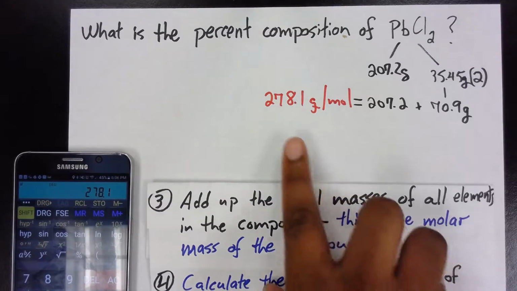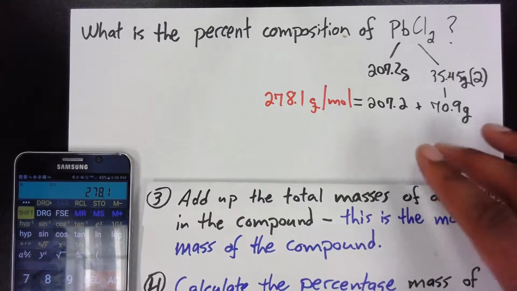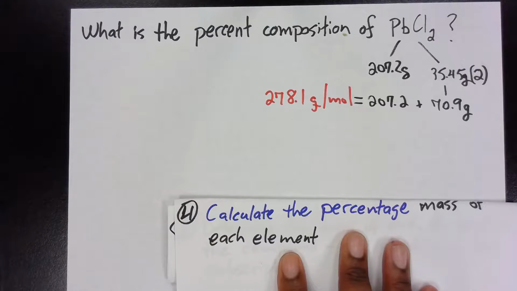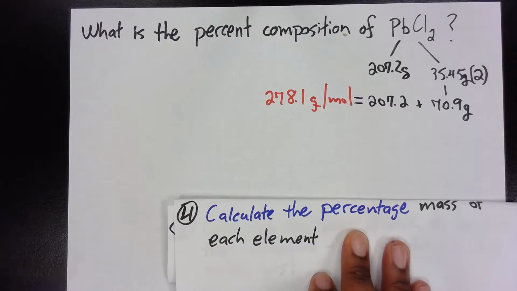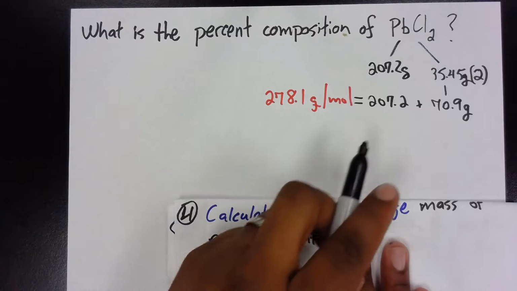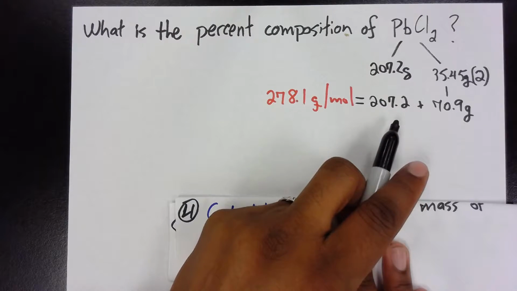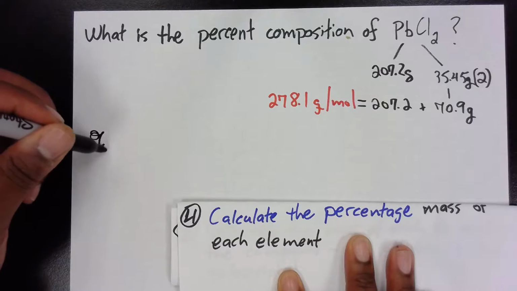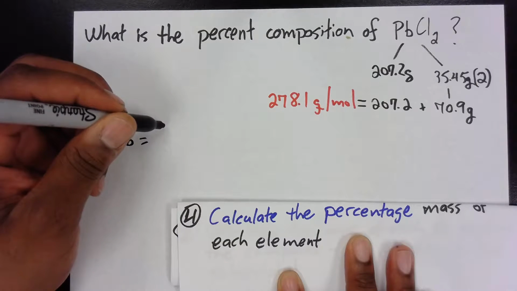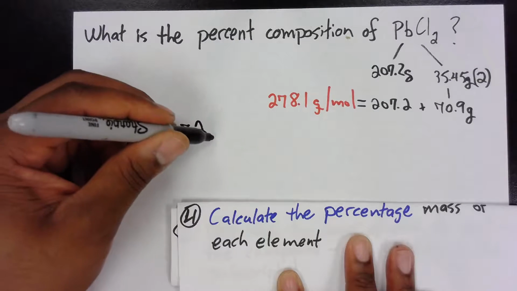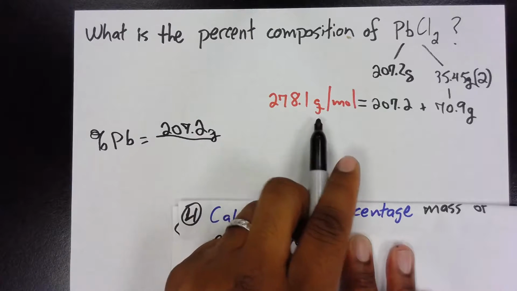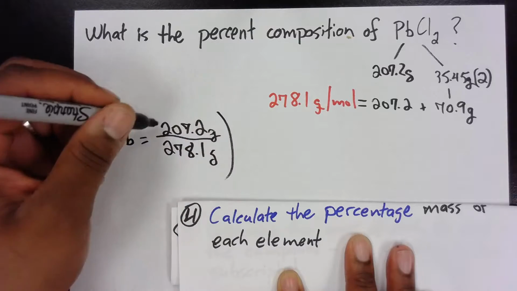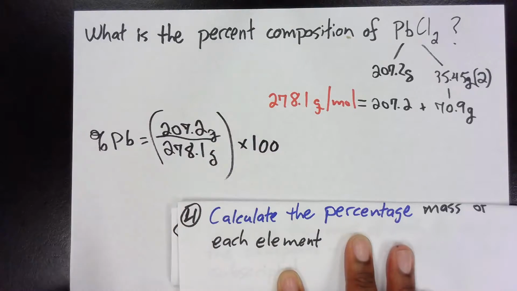So now that I have the molar mass, I can go on to the last step, which is to calculate the percentage mass of each element. And here's how I'm going to do that. I'm going to take the total mass of lead to get the percent lead. So percent lead equals total mass of lead, 207.2, divided by the molar mass, 278.1, times 100.